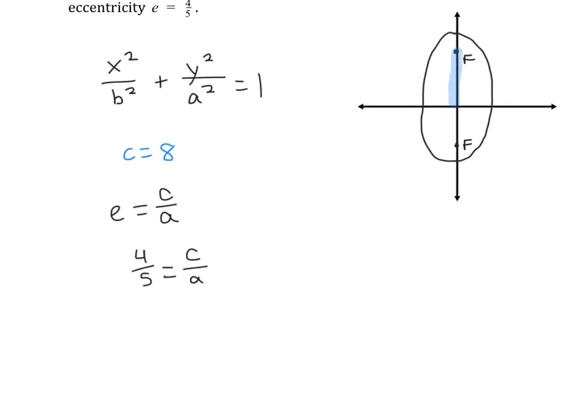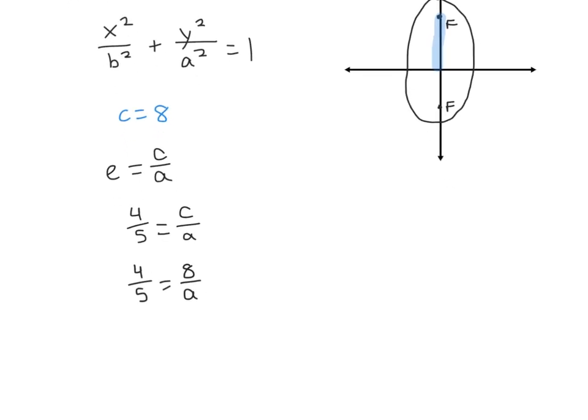And we know that our c value is 8, so we can say 4 over 5 equals 8 over a. If we cross multiply, we get 4a equals 40, so a equals 10.